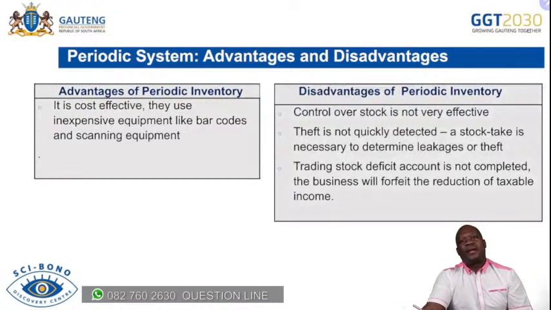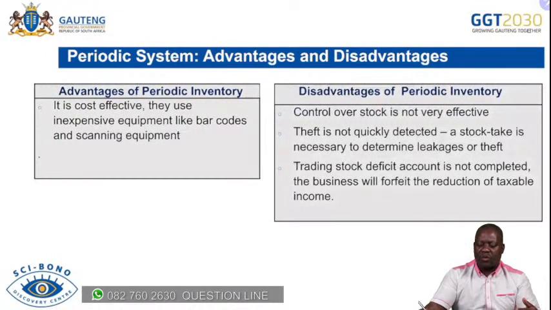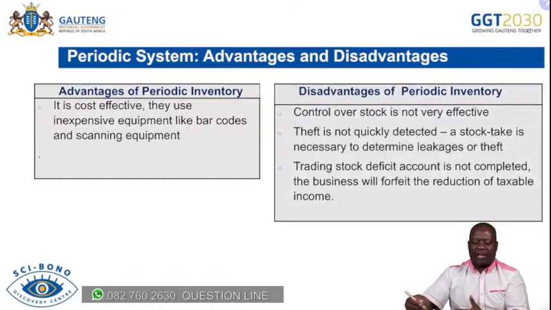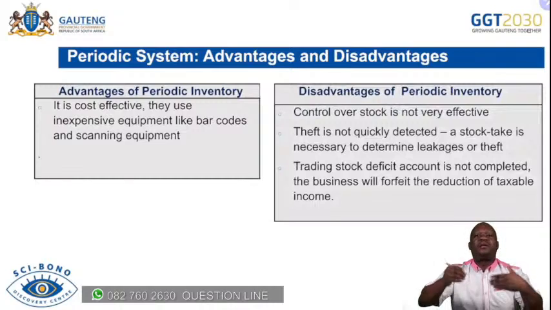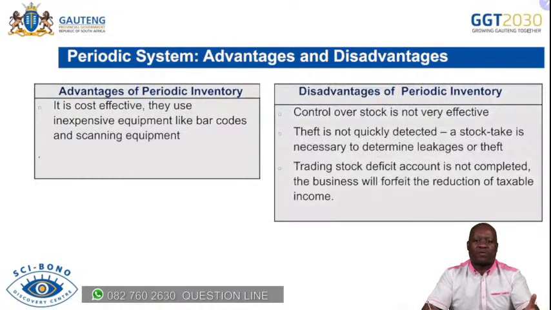And then the trading stock deficit account is not completed, because the business forfeits the reduction of taxable income, as there is no trading stock deficit that is ascertained and known. The key here is that all purchases are taken in, and at the end we check what we still have, and we assume that everything we do not have has been sold, and we say that's our cost of sales.